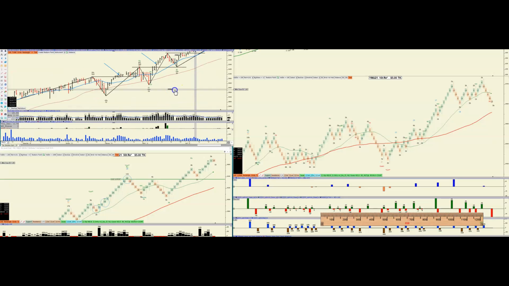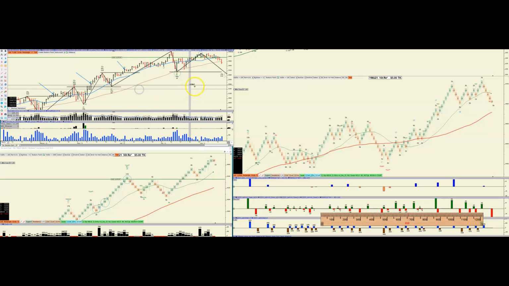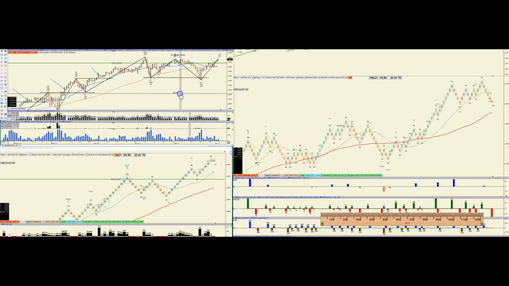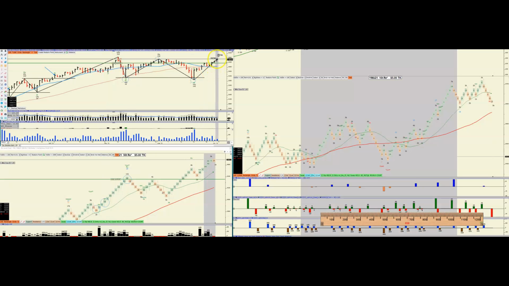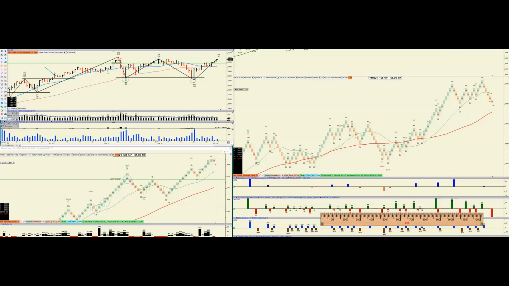And typically they also expand in volume as well. Price and volume tend to increase. So right about here, if it's going to break out, you'll see the range expansion. That's just the nature or the characteristic of breakouts.